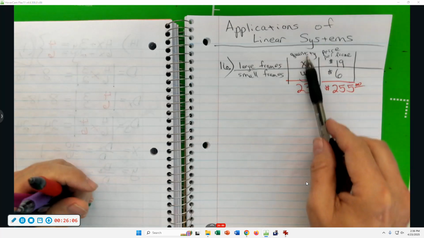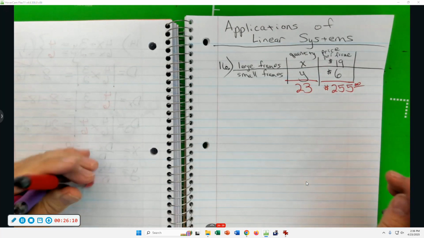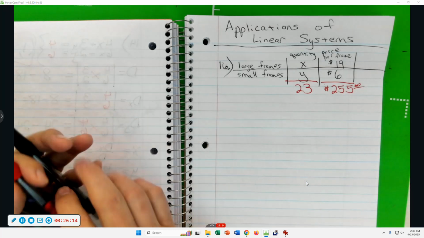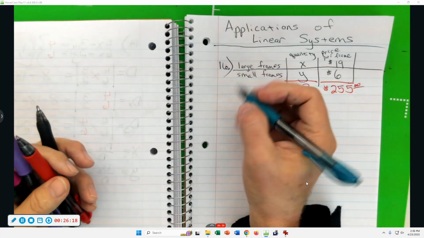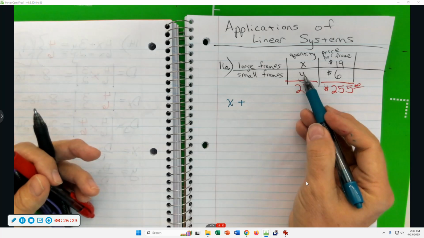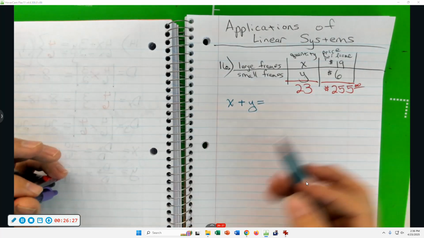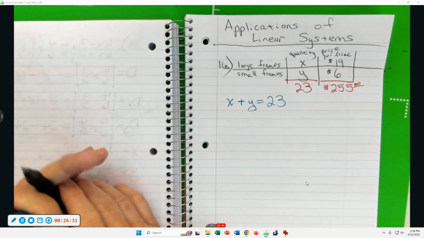We totaled up the quantities, we totaled up the dollar amounts, and one equation falls out immediately. We need two. If we take the number of large frames she bought and add it to the number of small frames she bought, that had better equal the 23 frames that she bought on the sale.